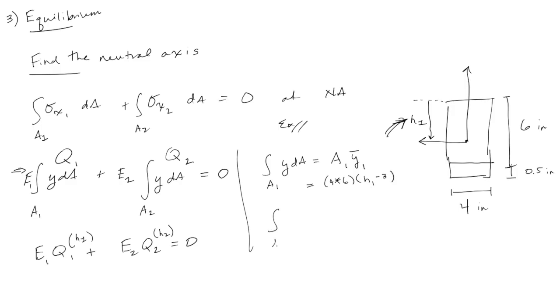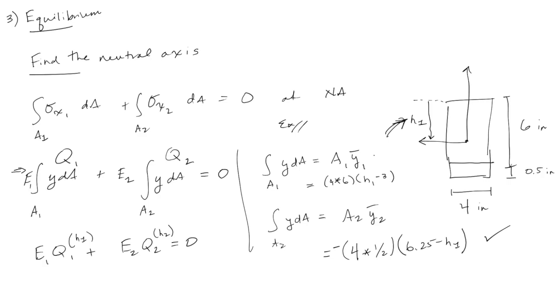Then the integral of y dA over A2 is A2 times y2 bar, which is 4 times 1/2 times (6.25 minus h1), with the appropriate sign.